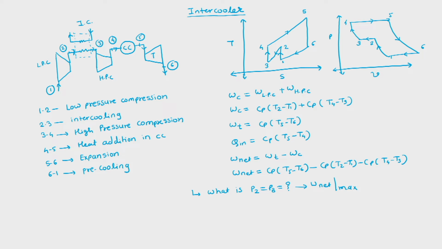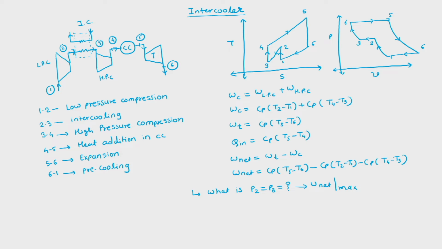So this is the question we have to ask ourselves, and for this question we have to derive an expression and find out. So for this question of what would be the intercooler pressure to get the maximum W net, we have to follow the same procedure that we followed for the reheater. So W net is equal to Wt minus Wc.